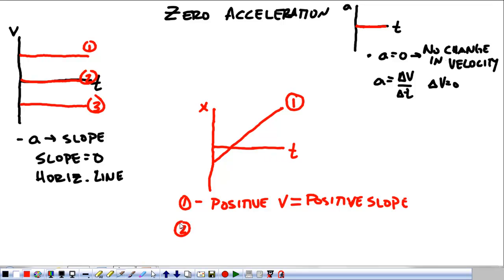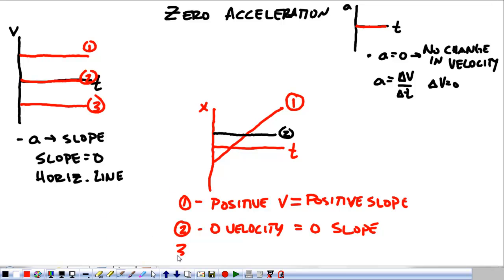For 2, zero velocity equals 0 slope. Well, 0 slope on position versus time, and I'll make that color different because they're going to cross, doesn't matter where it is, I don't have any information about that, is just a horizontal line.